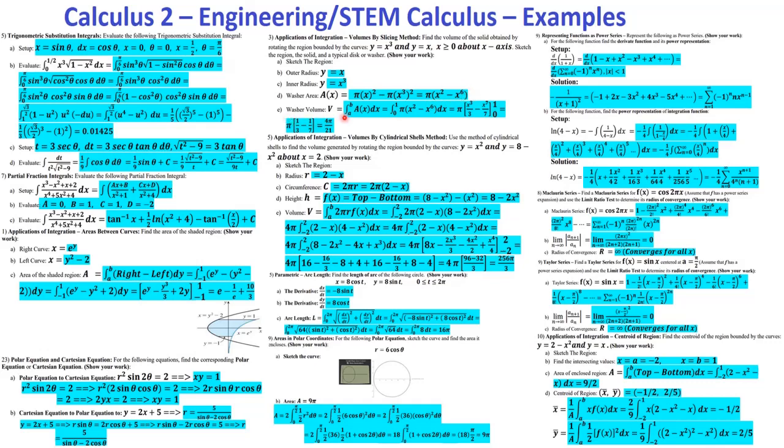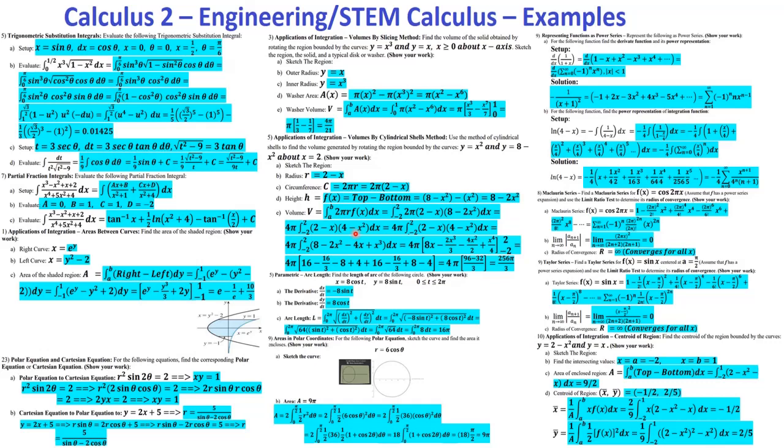Then the washer volume is the integral from a to b of A(x) dx. You integrate this from 0 to 1, pi times x squared minus x to the 6 dx, which is pi times x cubed over 3 minus x to the 7 over 7. You integrate this, you will get 4 pi over 21. So that's the volume between these two curves.